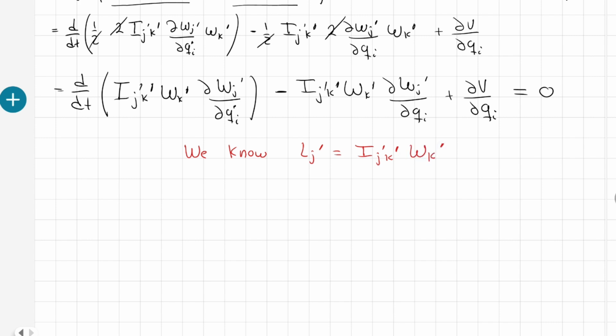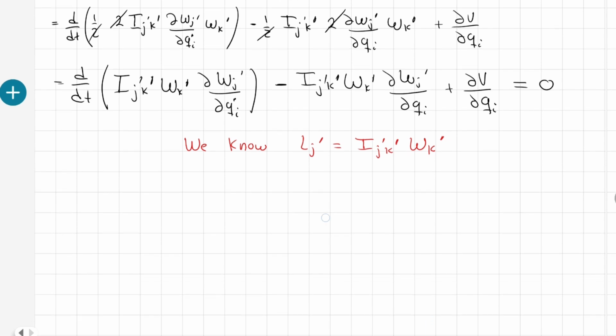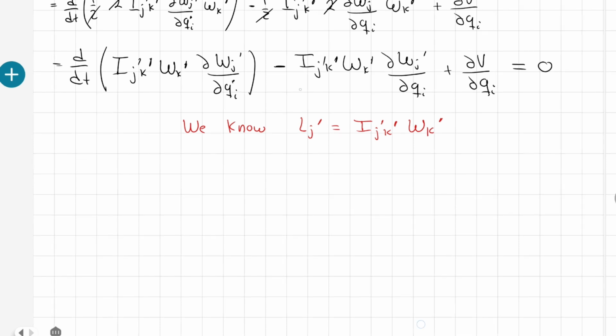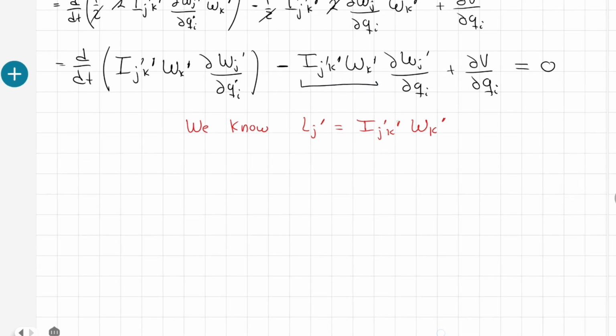We know that we can calculate the angular momentum in terms of the inertia tensor and the angular velocity. Actually, we have a lesson named angular momentum in rigid bodies, where we use this expression. We explain further how to get to this expression. So that is what we are going to use in this case, because you can see that here we have this, and here we have this.